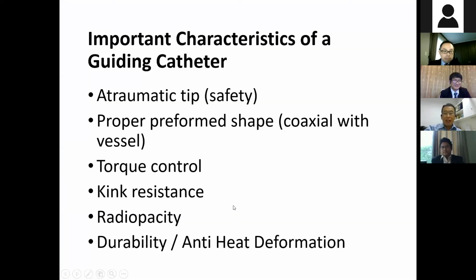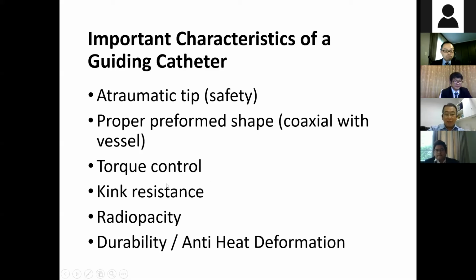For the important characteristics of the guiding catheter, you should have an atraumatic tip for the safety of the operation. You should have a proper preformed curve that makes it coaxial with the vessel to enhance support and device advancement. You should have very good torque control to control the catheter tip with active support.